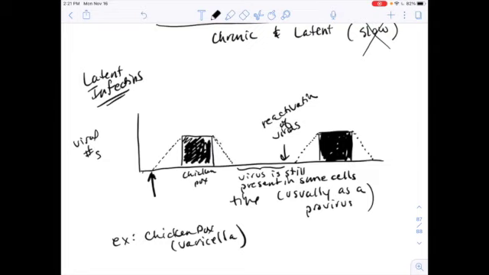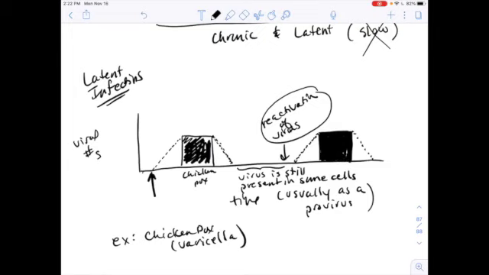And after the blisters heal, you're not contagious anymore. But the chickenpox virus hangs out in some of your nerve cells as a provirus. And later on in life, there is often some sort of reactivation of the virus. Those numbers come back up, only with varicella, you don't get the chickenpox again.